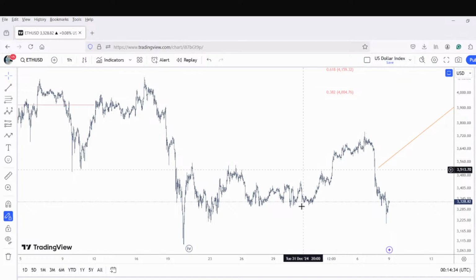For now, Ethereum could be held on the long side, but I think the chances would be meager if we continue to print one more low at least. Any print below that 3,200 mark would be opening up doors below the 3,000 mark. All right. So be cautious and don't let the trade go open.